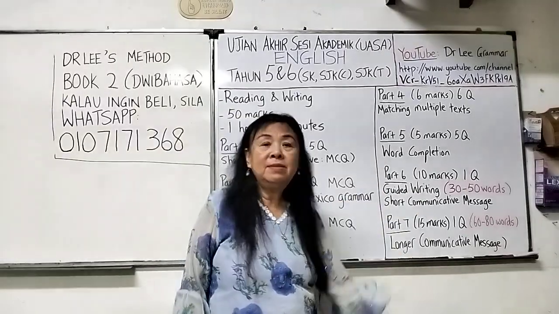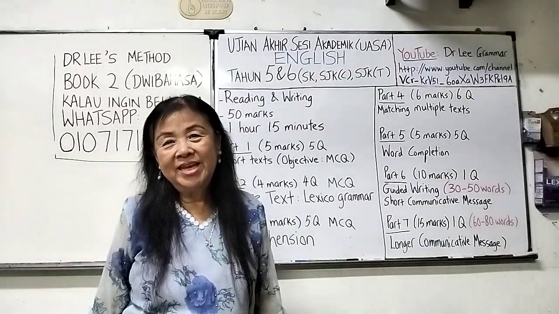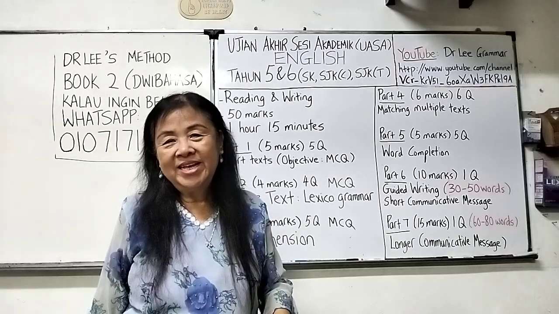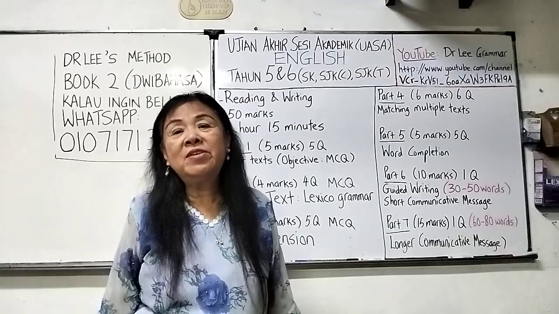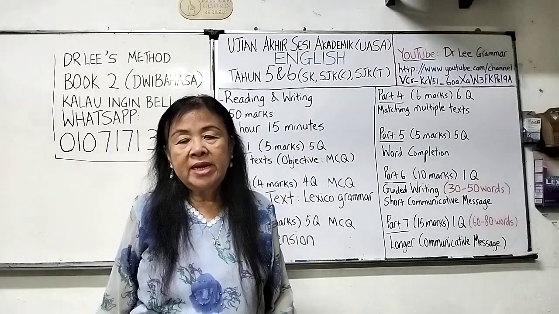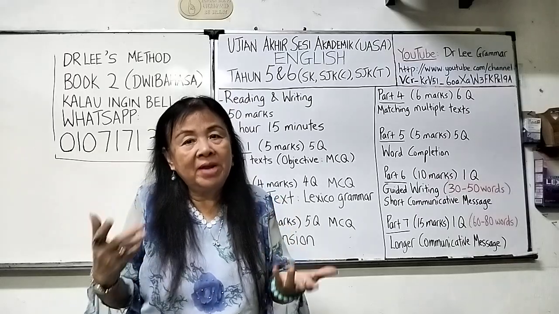And then part 6, 10 marks, 1 question. That means you are not given a chance to choose. You have to write. Okay? And this part, we call it a guided writing part. Guided writing means they give you some questions to assist you in writing.